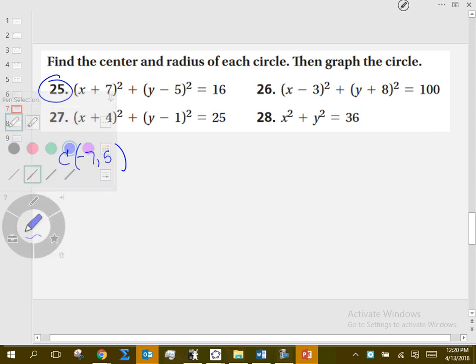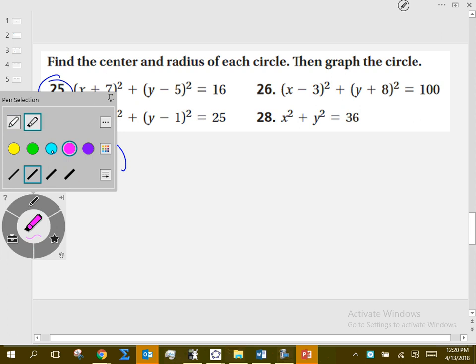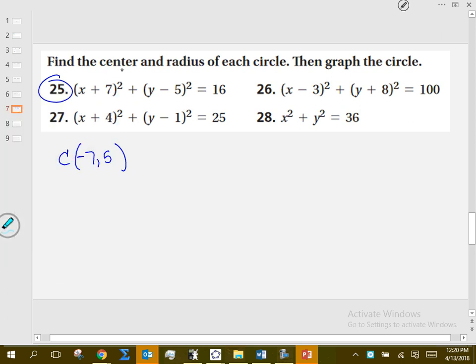And if you're going in this order, I guess kind of a cheating idea or concept is whatever that number is, you take the opposite of it for your x value, right? Whatever that number there is, you take the opposite of it for your y value. Because the formula is x minus h, right? So x minus a -7 is the only way I can make that a plus. And then the radius in that case would be 4.